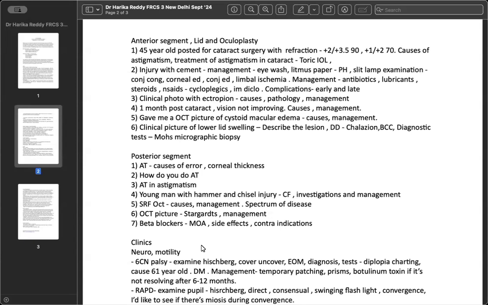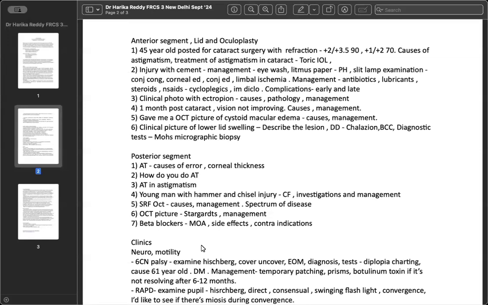Then he gave me a picture of Stargardts and asked me the basic things and management of Stargardts. He asked me if there's a management for Stargardts. I told him at present there is none. Then they also asked me what are the current medical management options of glaucoma.